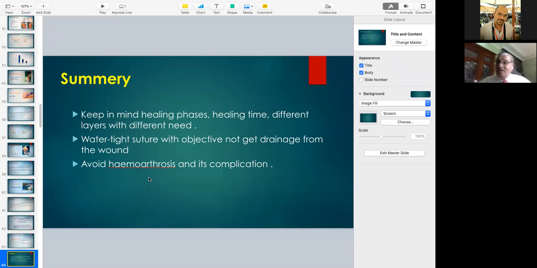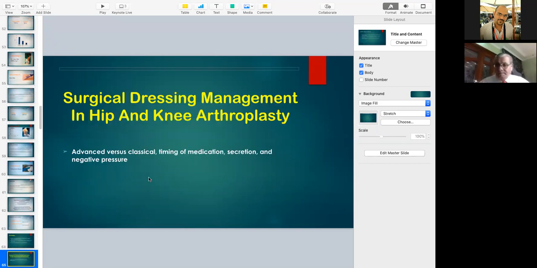Why? Because we need to avoid hemarthrosis, which is common; I don't say complication, but a common event, for surgeons using a tourniquet or not using a drain. So avoid hemarthrosis, avoid drainage, and avoid the complication that you give blood, which is a risk factor for PJI.